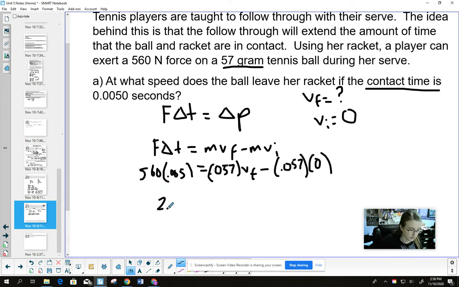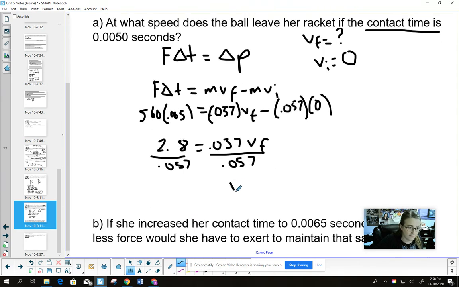So we got 2.8 over here equals 0.057 final velocity. That's a 5, 7. We've got a final velocity, 2.8 divided by 0.057, of 49 meters per second. 49.1, we could say.